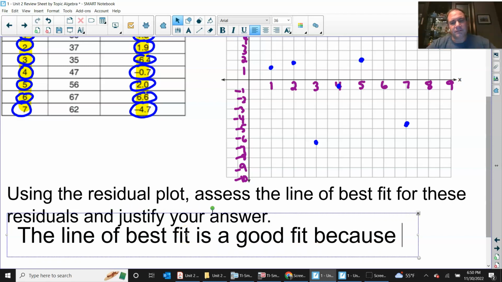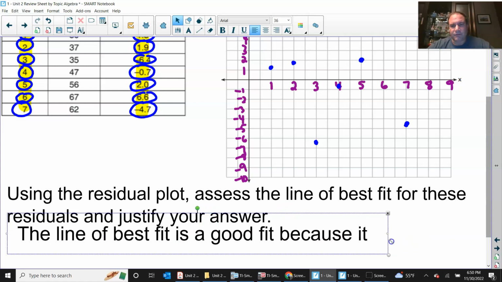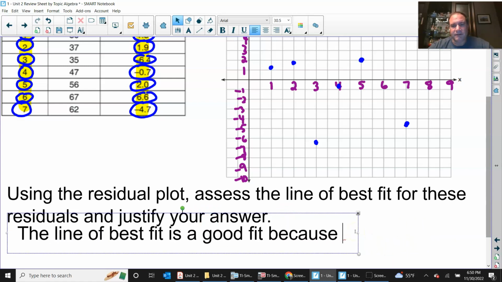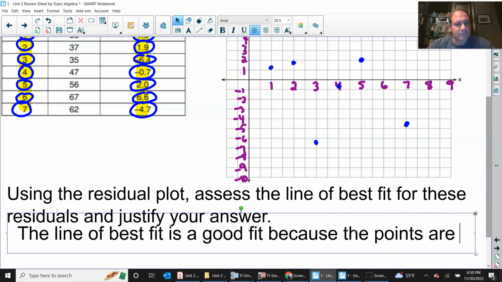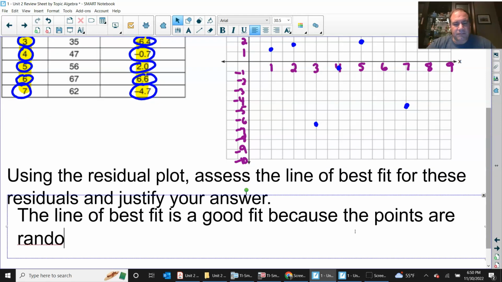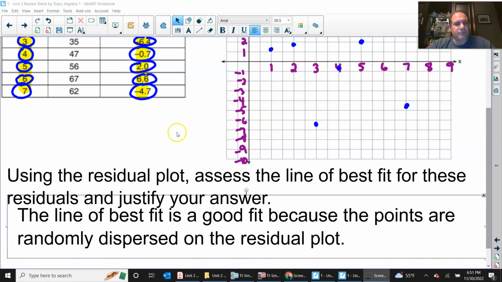because the points are evenly scattered, and I'm going to use randomly dispersed on the residual plot.